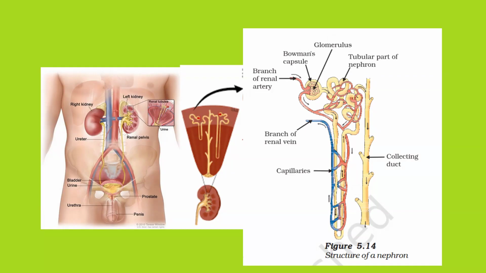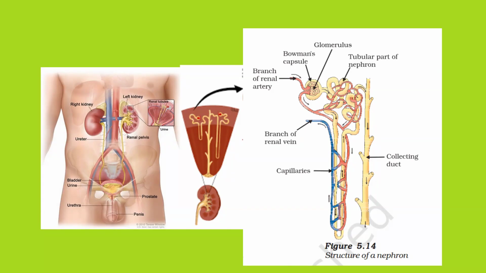As we know, the human excretory system consists of two kidneys, and all the filtration happening inside the kidney takes place in the nephron. The fundamental unit of the kidney is the nephron, the filtration unit.